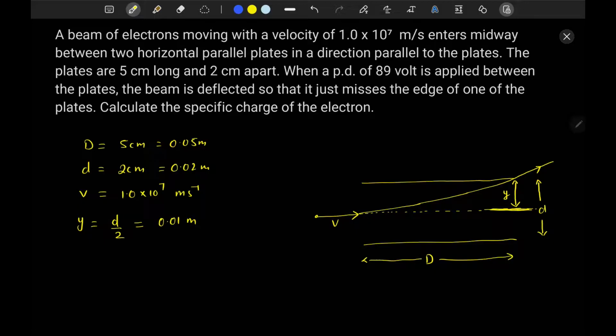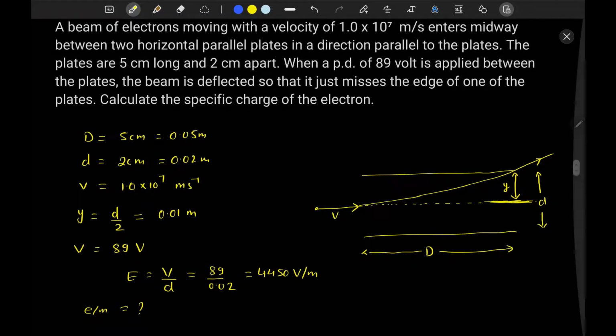Now for this deflection, the potential difference provided between the two plates is 89 volt. So the electric field will be V by d, 89 by 0.02. This becomes 4450 volt per meter. Here we need to calculate the specific charge, or e by m, for the electron.